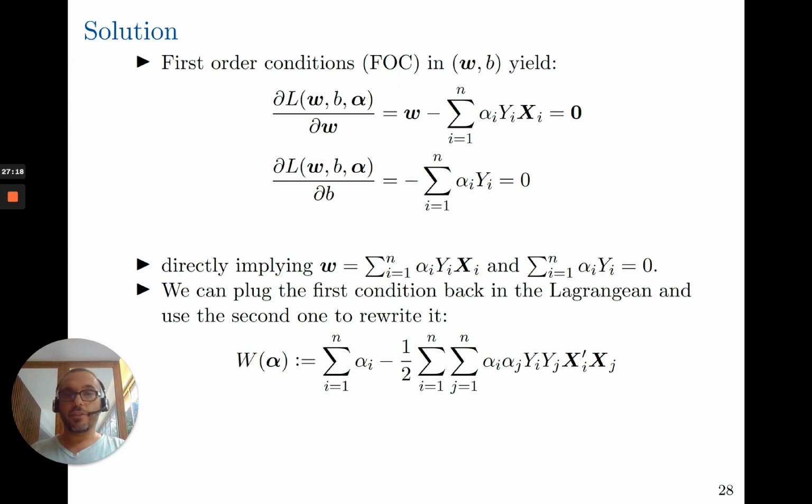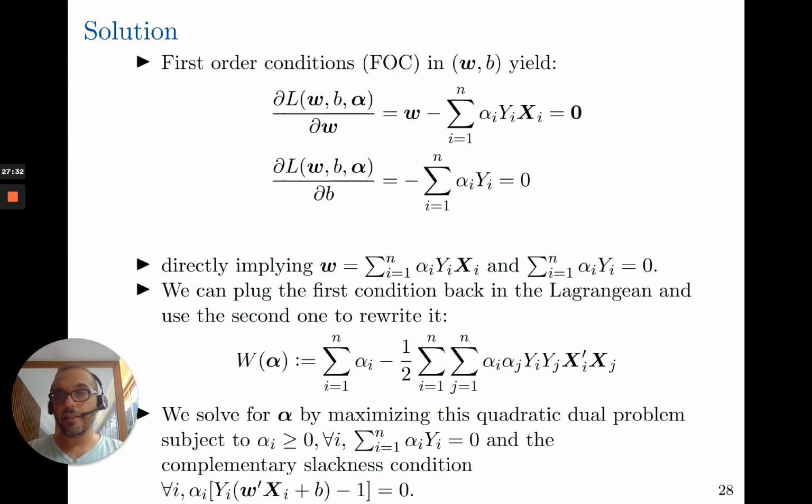We can plug the first condition back into the Lagrangian and use the second one to rewrite a function W of alpha, given by this expression that you see on your slide. And we solve for alpha by maximizing this dual problem, subject to the alphas being positive and the restriction that the linear combination of y's, where the weights are given by the alphas, is 0, plus the complementary slackness condition.